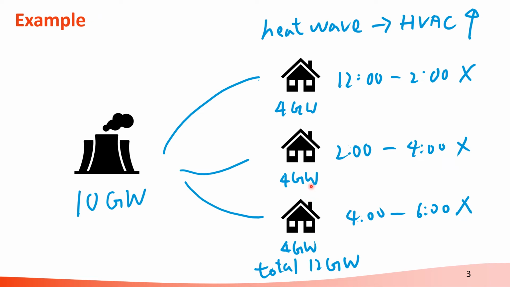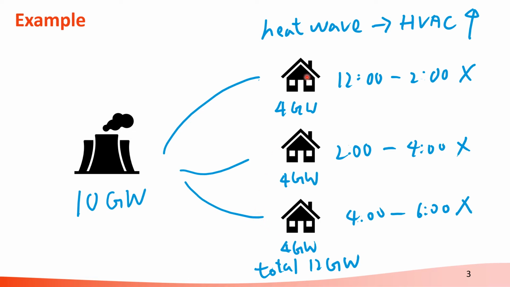Let's take a very simple example. Let's assume there is a heat wave coming to this city. The heat wave will make three households feel very hot and they try to turn on their air conditioning system. Normally the 10 gigawatts of power generation can satisfy three users.